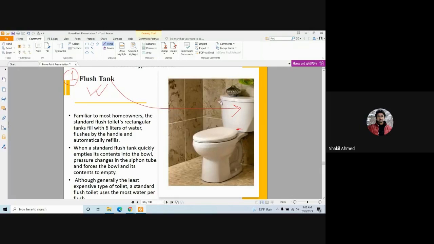You turn on the key, the valve gets removed, the water quickly rushes to the water closet. Usually 6 liters of water, it may vary, is stored.